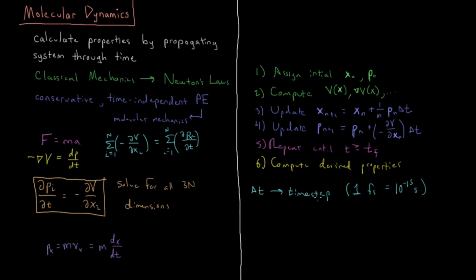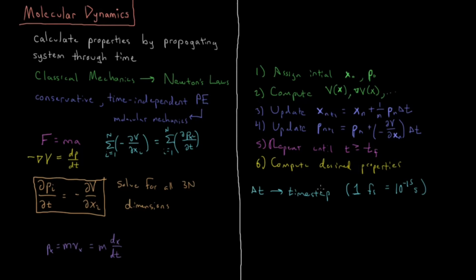Typically the highest frequency motion you have in your system is the vibrations of individual chemical bonds. So the vibration of, let's say, an HF molecule or a C-C bond in something, the quickest vibrations, typically those with hydrogens, are occurring on the time of around 10 femtoseconds. So you need to be around 5 to 10 times quicker than that.